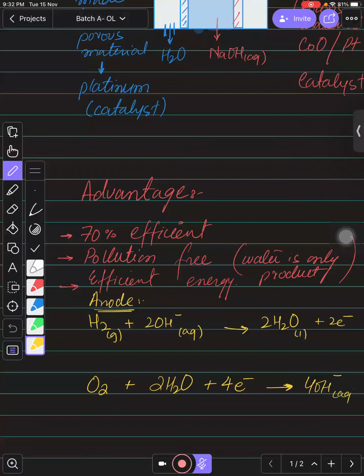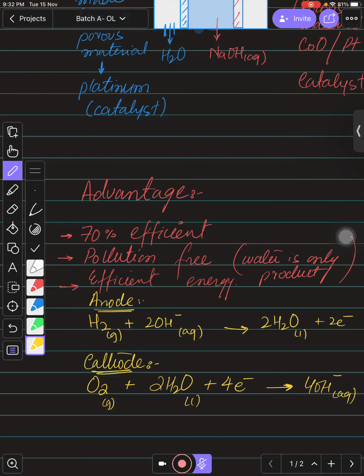The same equation we did in dilute solution at anode. So it is completely the opposite of that, okay? This is a gain of electron, and gain of electron always occurs at cathode. So this is working as cathode, right, बच्चों?